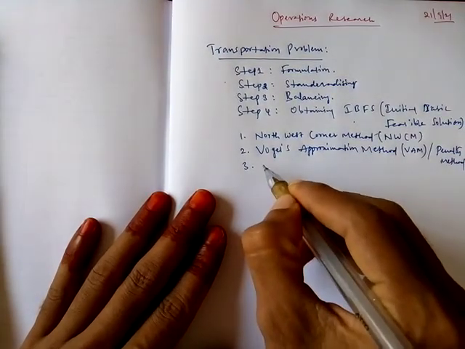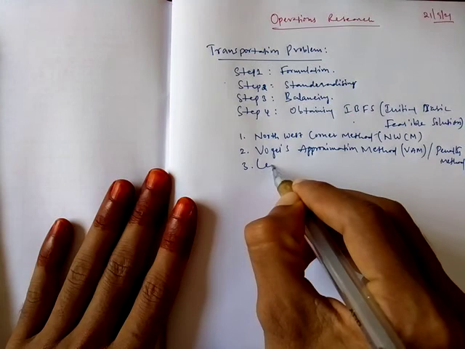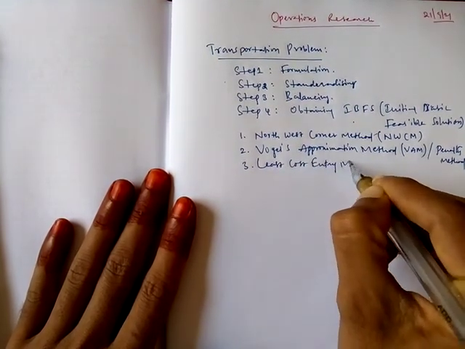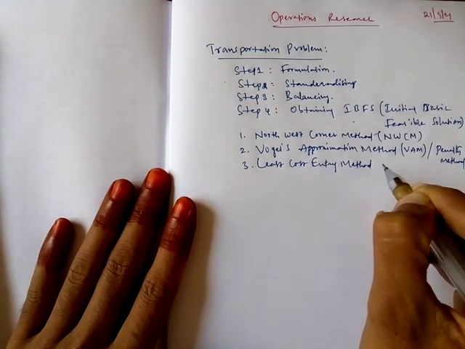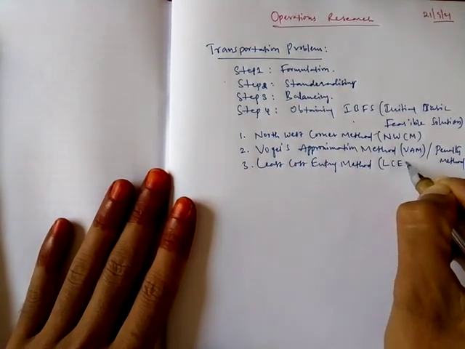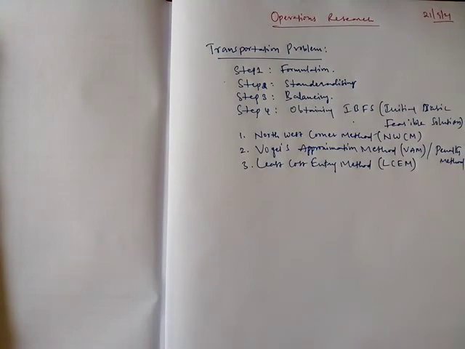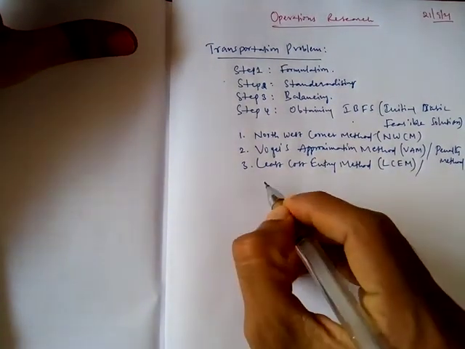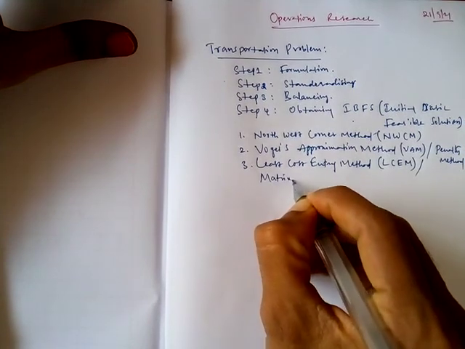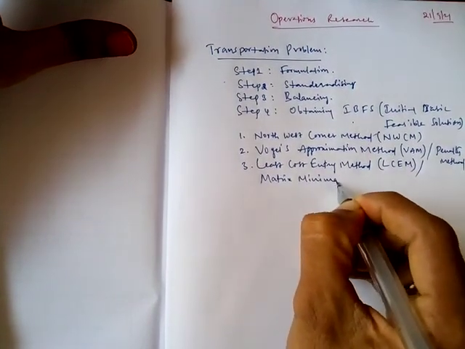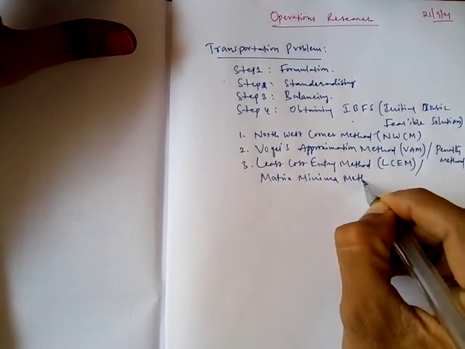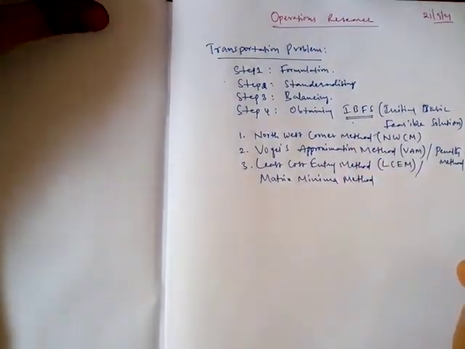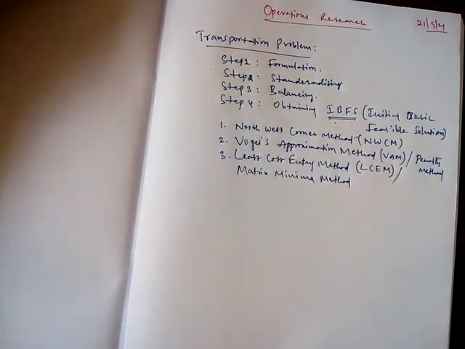Next one is least cost entry method, also called the matrix minima method. These are the methods with which we can find out the IBFS of the transportation problem.